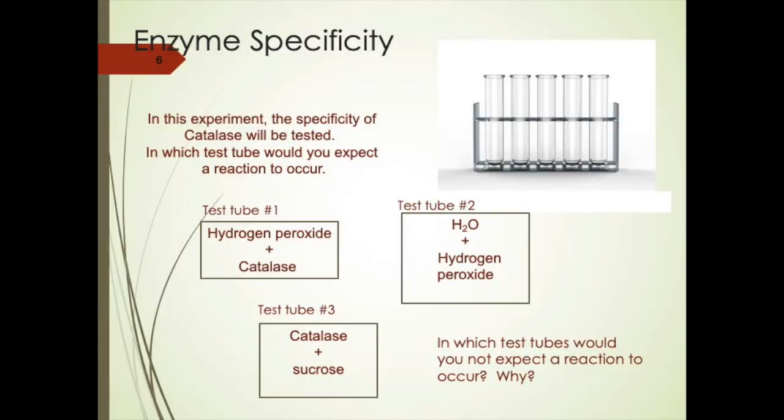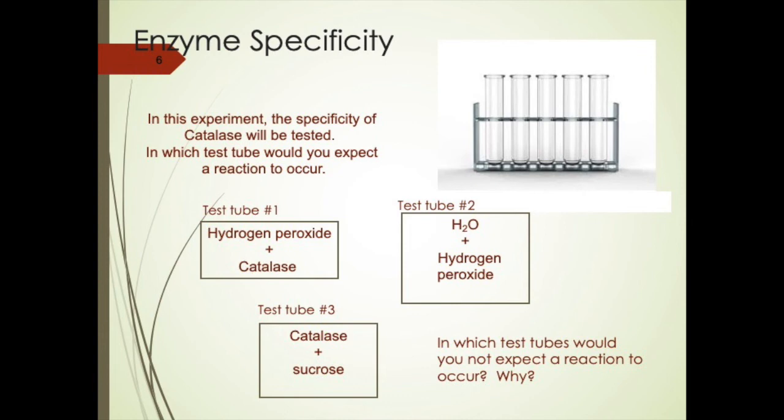So in our experiment, what we would be doing is taking potatoes that have catalase in it and using that with hydrogen peroxide. In this experiment, the specificity of catalase will be tested.